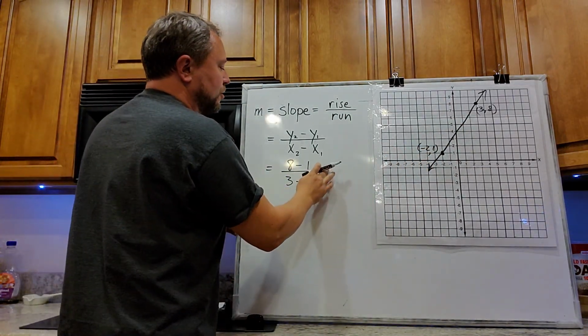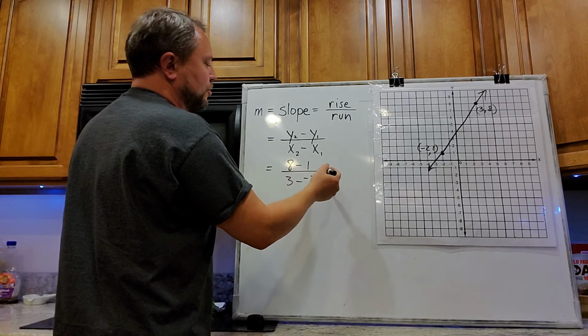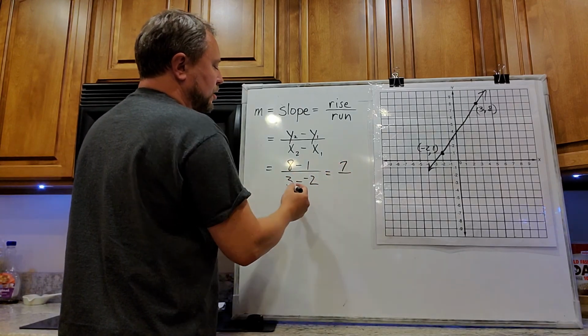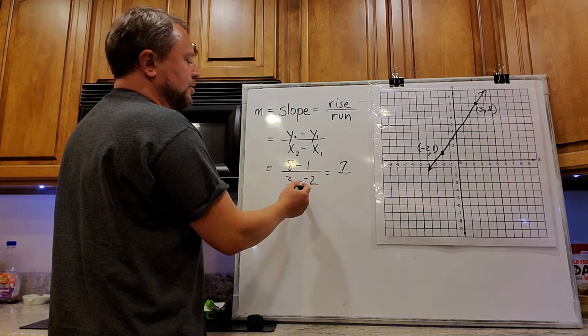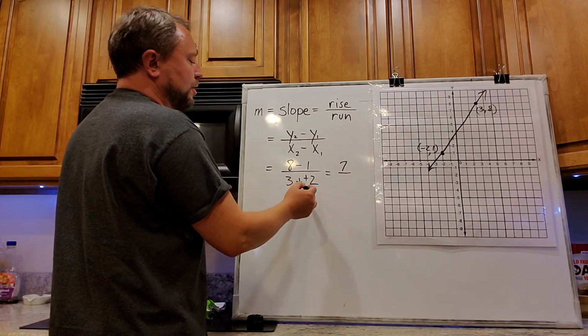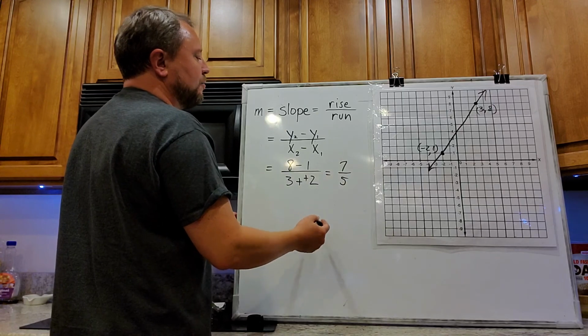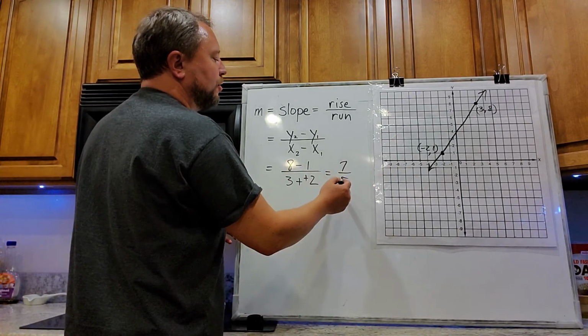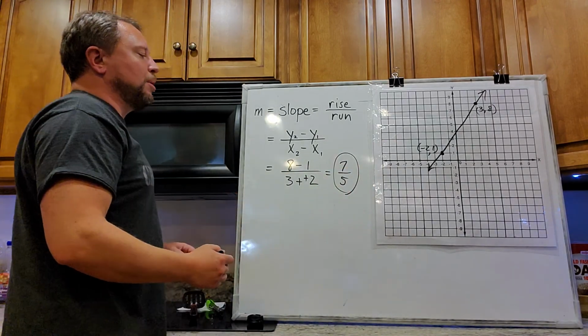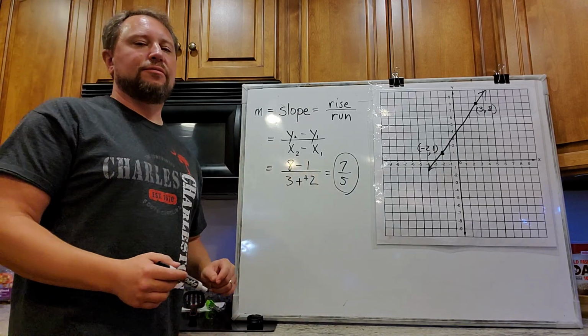All right, so let's do the math now. 8 minus 1, as you can see, is 7. 3 minus negative 2, that's a double negative, which becomes plus positive. 3 plus 2 is 5. So the slope of this line over here would be a positive 7 over 5.